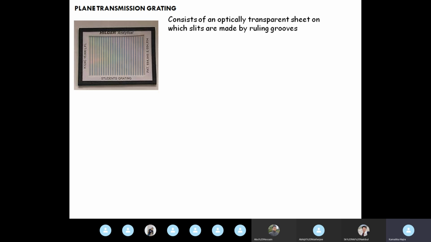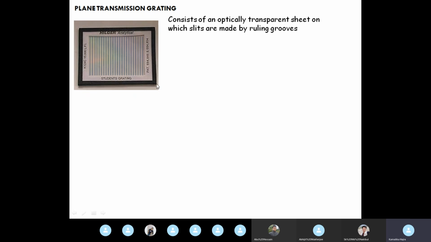Are there artists in this group? Artists do a lot of etching on glass. Or if you've done a project of glass painting in school, you must have done etching on a glass surface with something sharp. So exactly that is done over here. Using a sharp object, typically a diamond point, they etch grooves like this on the glass surface.